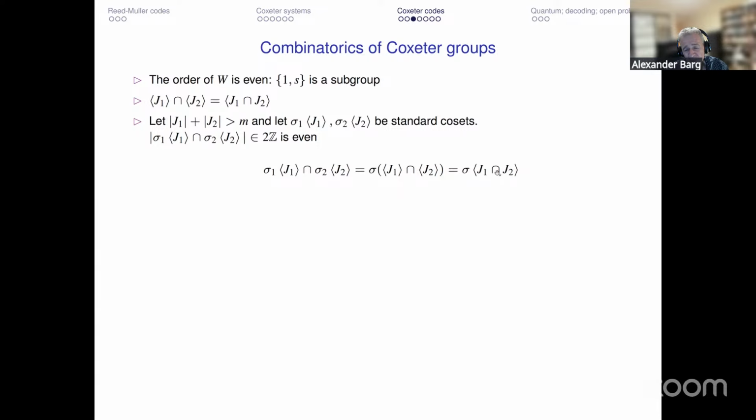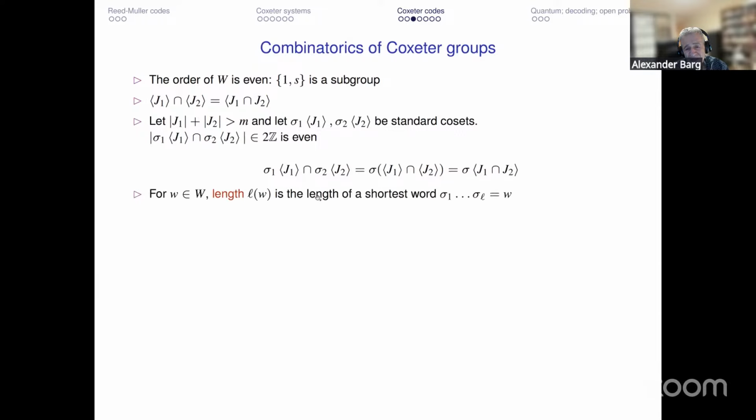This follows from the property above, but the importance of this remark for us is that the duality claim relies on this property, evenness of the intersection. That's how we show that one code is a dual of the other in this Coxeter definition.